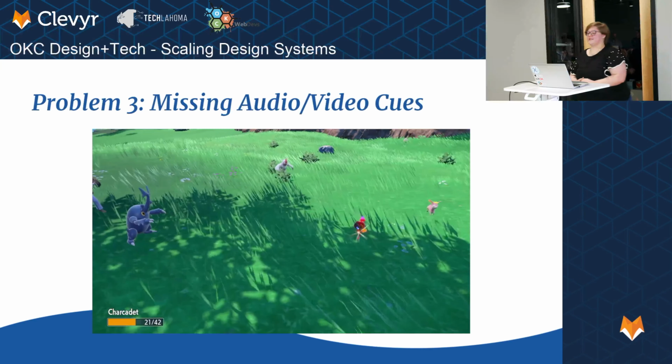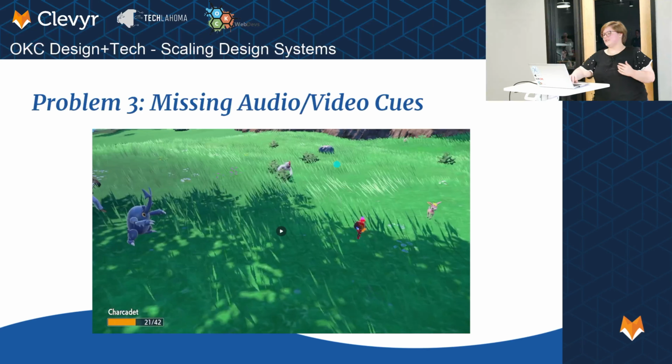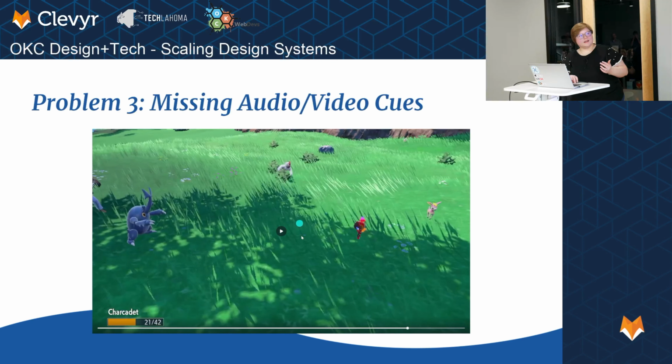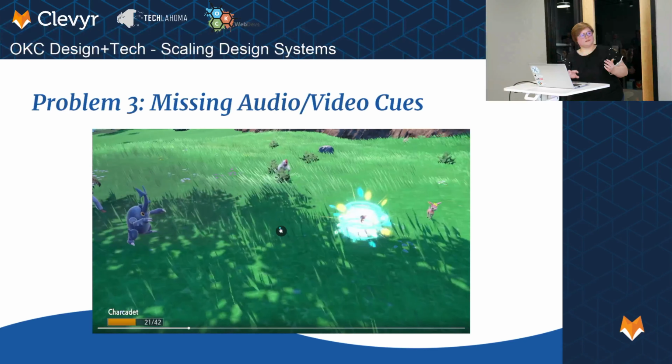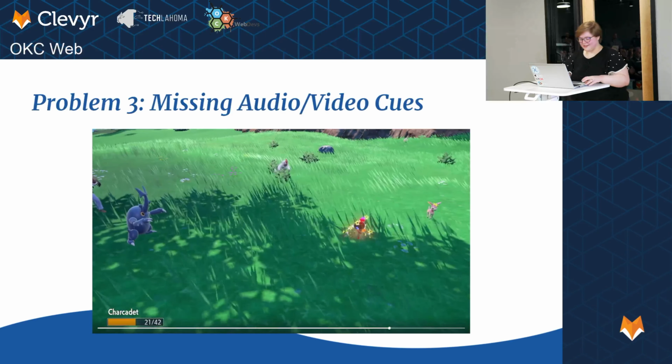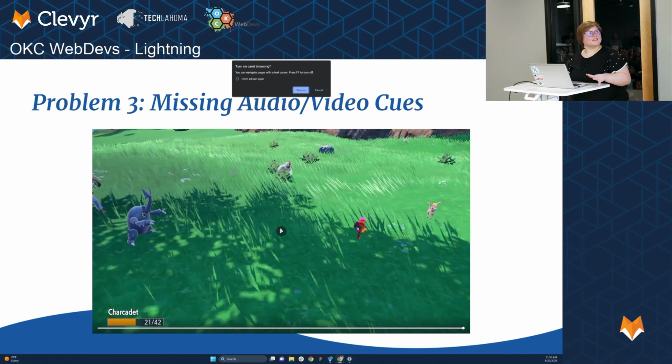On top of the color difference, shiny Pokemon have a signature audio chime and sparkling animation when starting an encounter or a battle. Here, let me play this real fast. Oh, darn. I guess you're not gonna hear the audio, but you could see the little sparkles that popped up there.